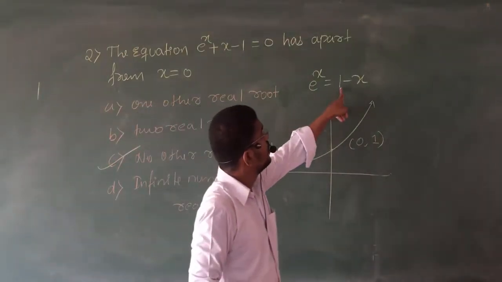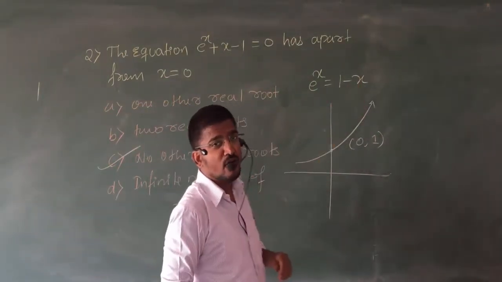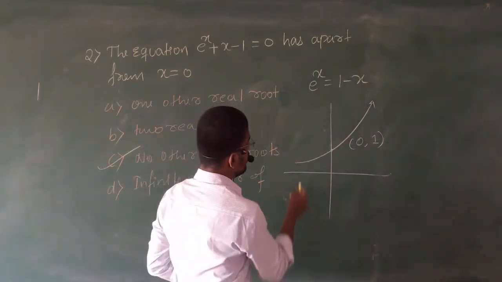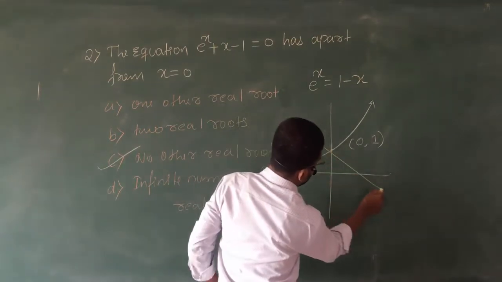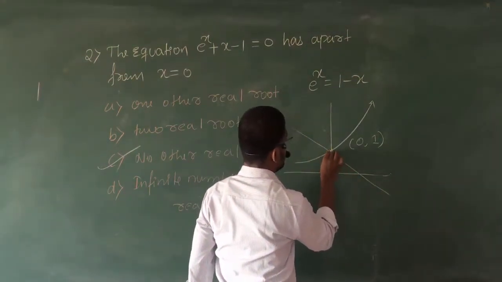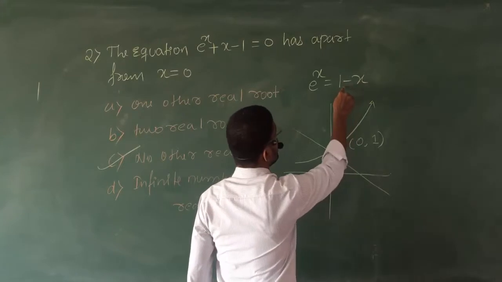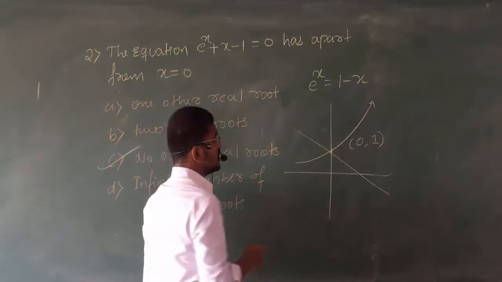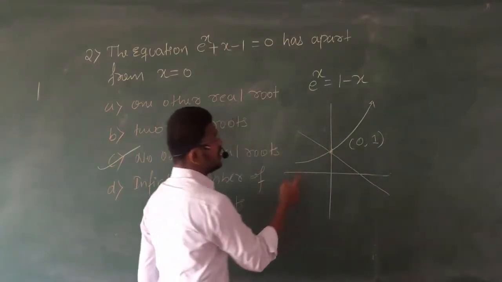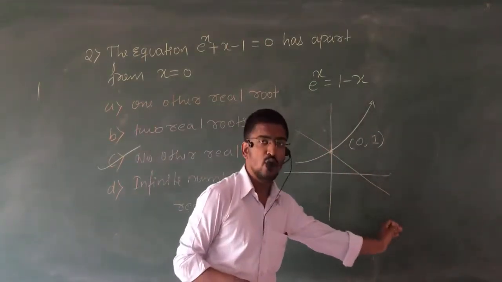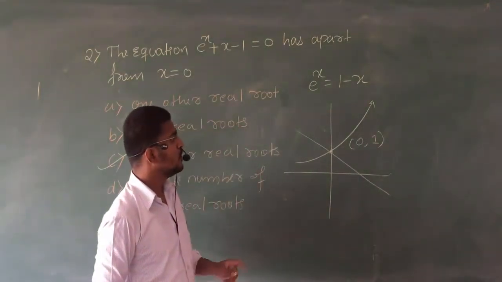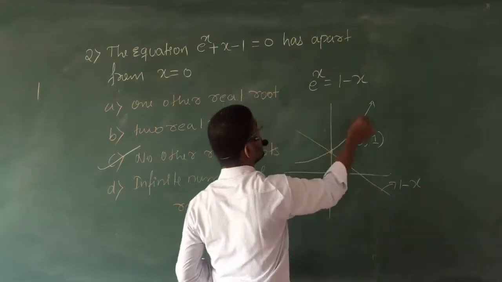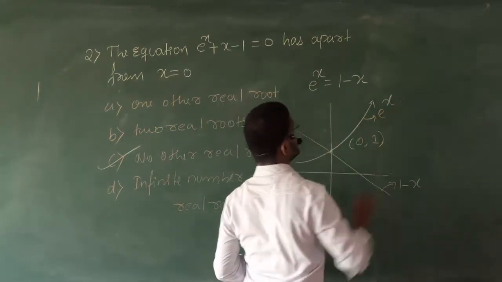This 1 minus x is in the form of y equal to mx plus c, slope intercept form. Because of 1 minus x, the slope is minus 1, so your line will go from the second quadrant to the fourth quadrant. So now this is 1 minus x and this is e raised to x.